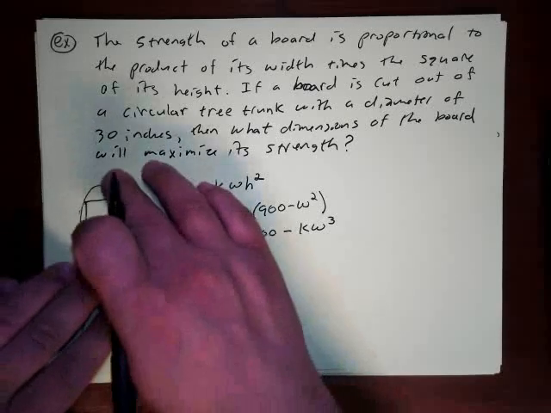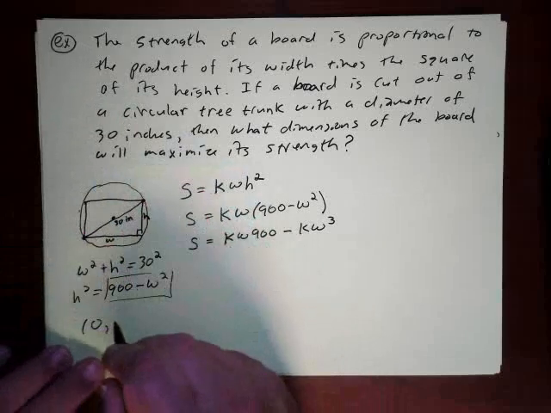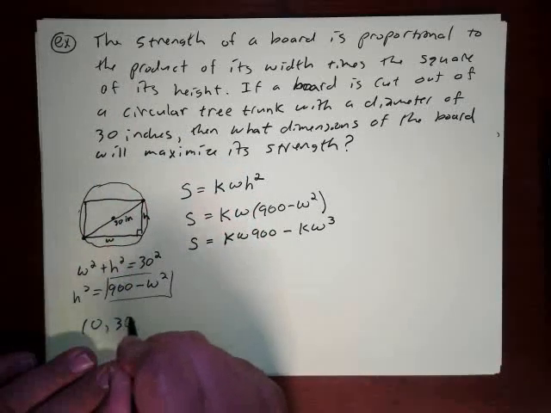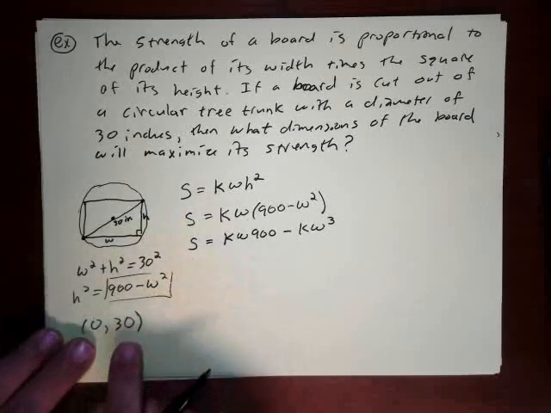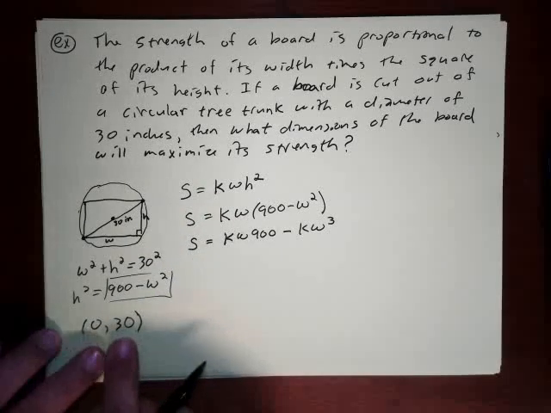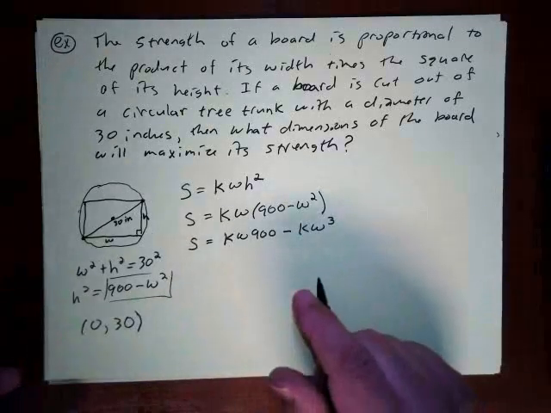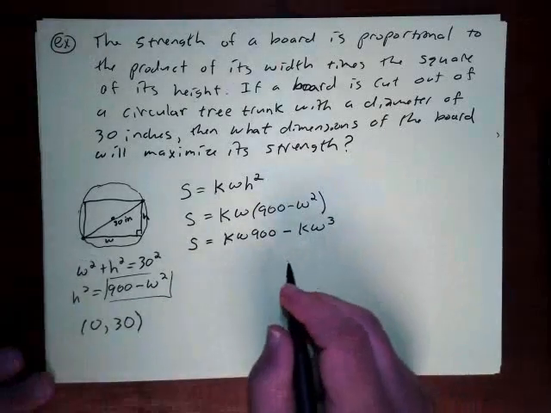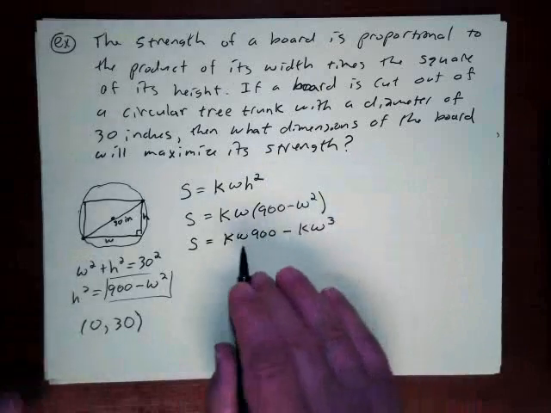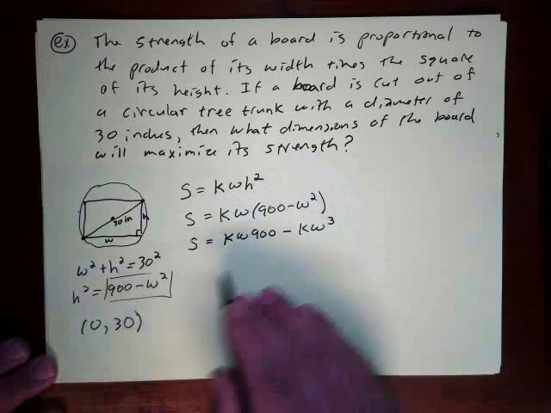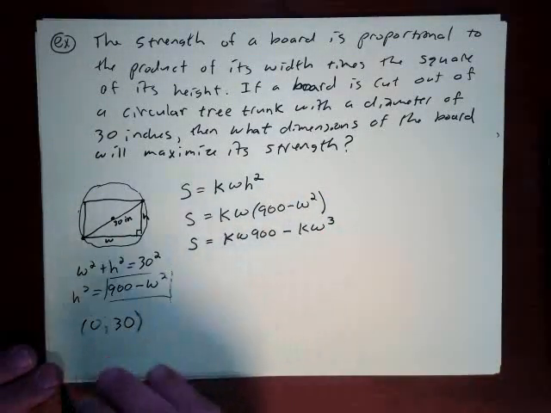If it's 0, you wouldn't have any board, I should say. So we're not going to include those two endpoints, but anywhere between. We want to find any relative min or max inside this open interval. Also notice if I put in 0, the strength would be 0. If I put in 30, the strength would be 0.